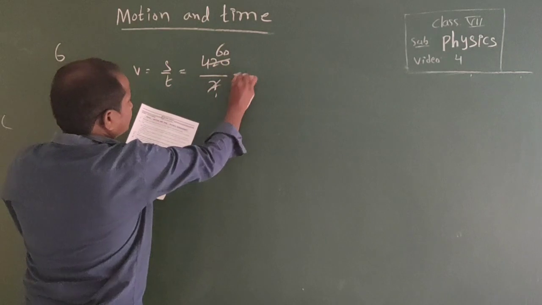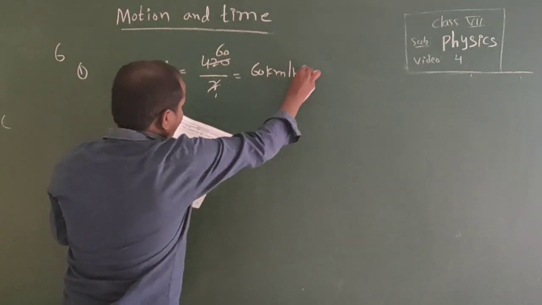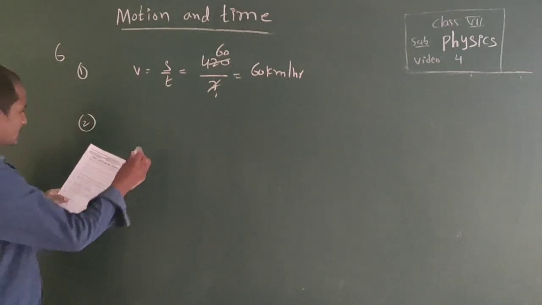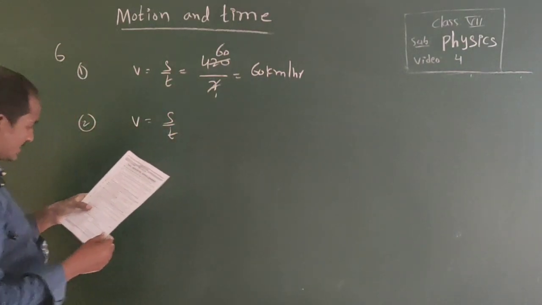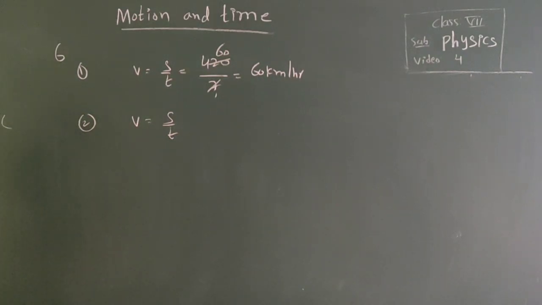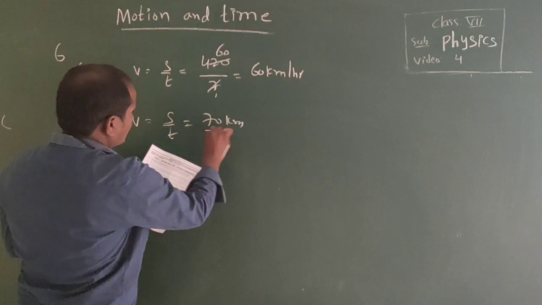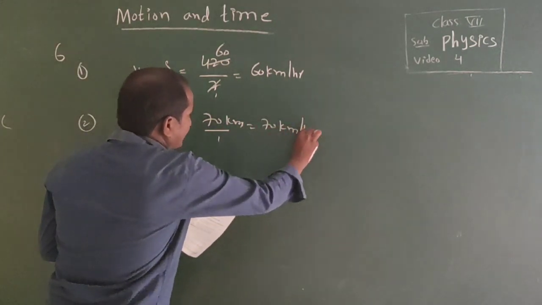So V equal to S by T, S equal to 420 by 7 hours, that equals 60 kilometer per hour.